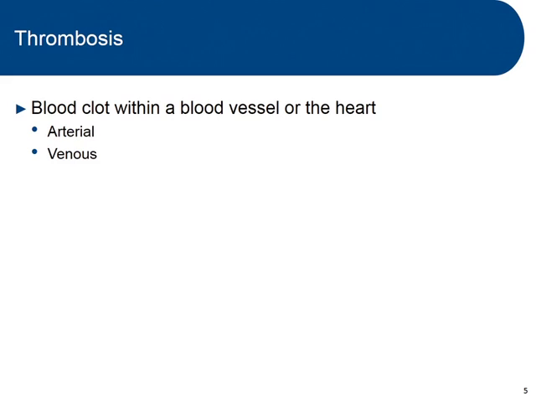The reason why venous clots can be so concerning is because, one, they could occlude the vessel, but even more concerning, or as concerning, is that that clot can break off and then travel to other parts of the body and cause a blockade in some other vessel, usually smaller vessels. So this is of major concern.